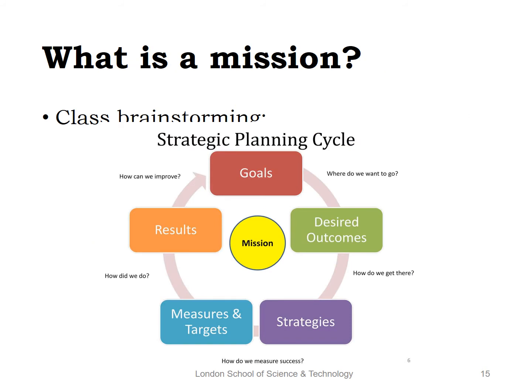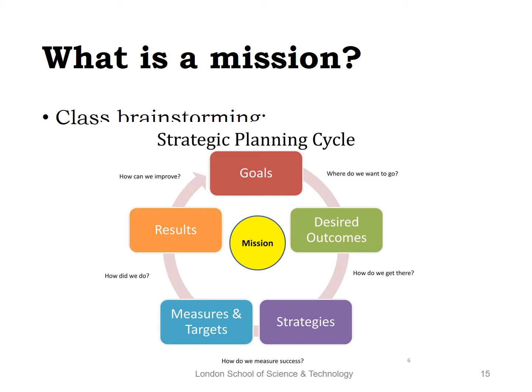So if we look at the mission, we can see that there are various cycles that go around the mission, and the mission will have goals. What is it that you want to achieve? And from those goals, you would have desired outcomes. What do you want to achieve in terms of your desired outcomes over what period of time?